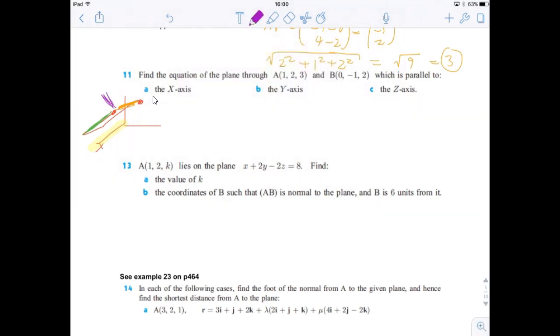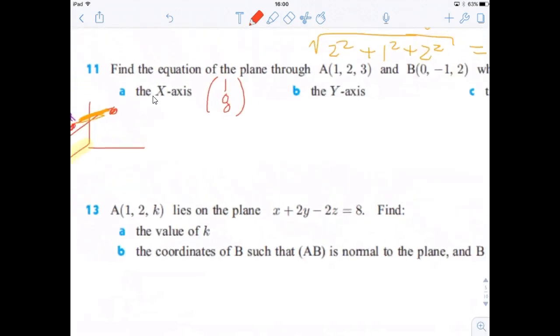So you need to take the x-axis vector, which we could represent as (1, 0, 0), and your vector AB, the orange vector, and if we find the cross product of that, we can find a normal vector.